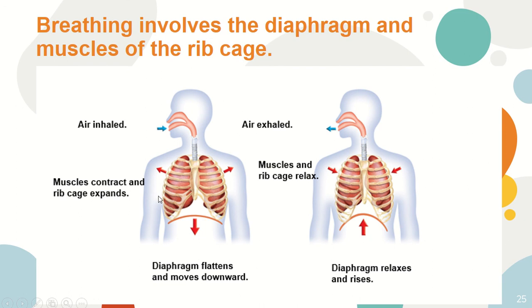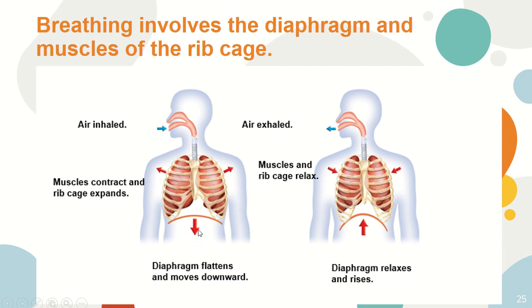Our lungs, the muscle contract and the rib cage expands. Okay? Kasi nalalagyan siya ng air. Nag-expand siya. And now, what happened to the diaphragm? The diaphragm flattens and moves downward. Kasi papasok yung air, mag-expand ang ating lungs, bababa at mapa-flat ang ating diaphragm.